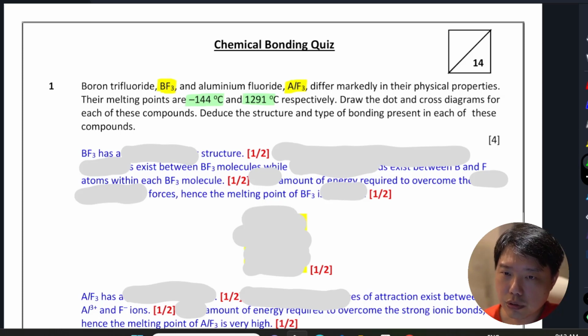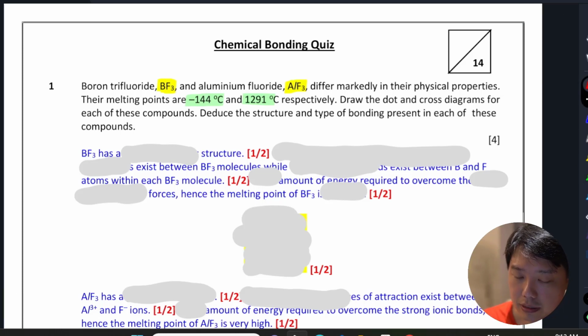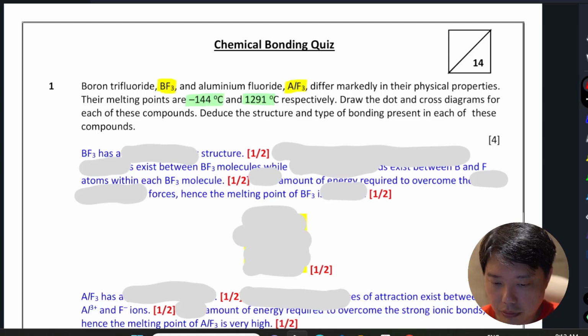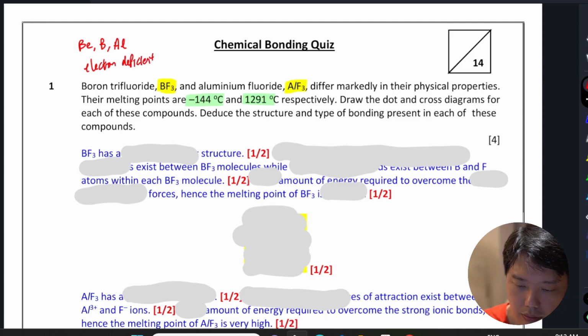Okay, so this should inform you that their structure and bonding is very different. First they want you to draw the dot and cross for each of these structures. Boron and aluminium, you have to remember, in your periodic table there are only 3 elements, beryllium, boron, and aluminium, that will form electron deficient compounds. What do I mean by that?